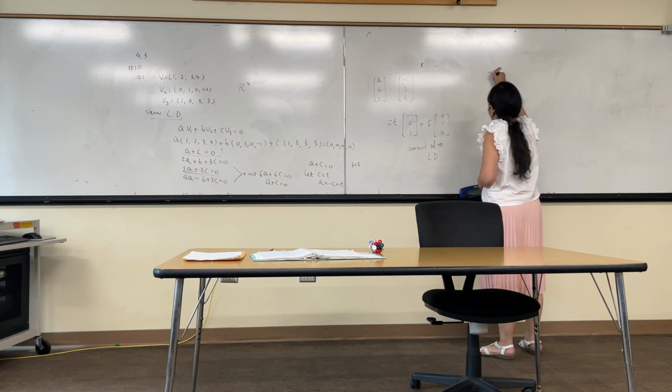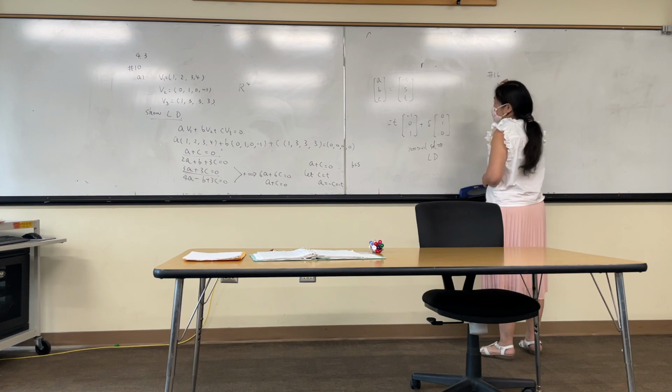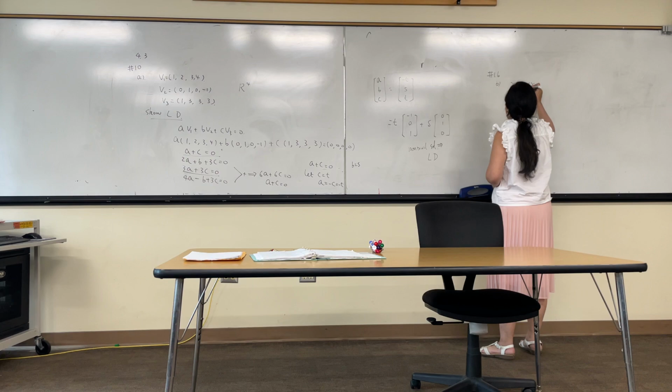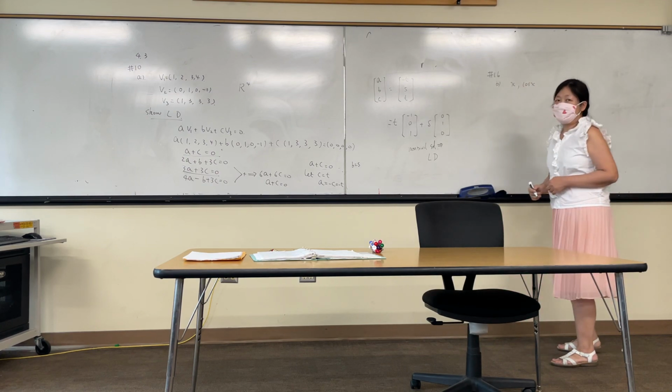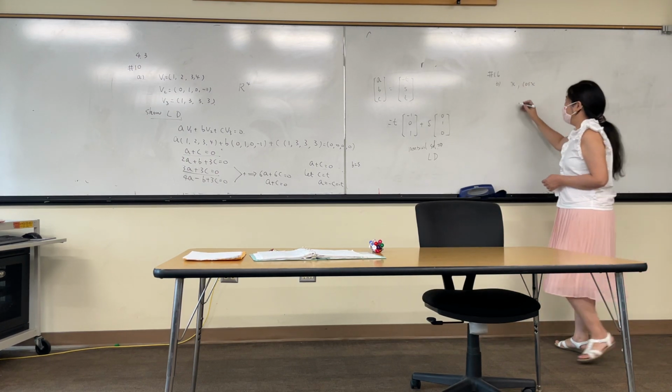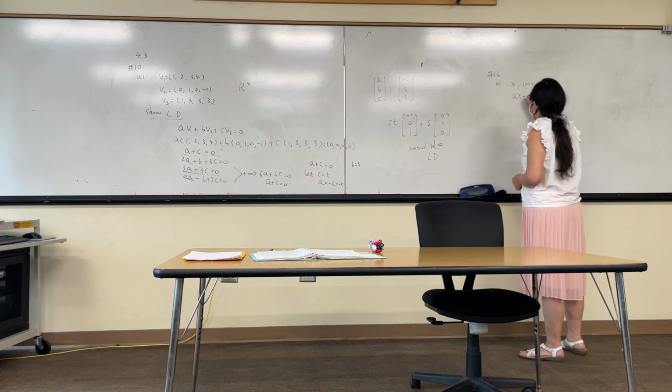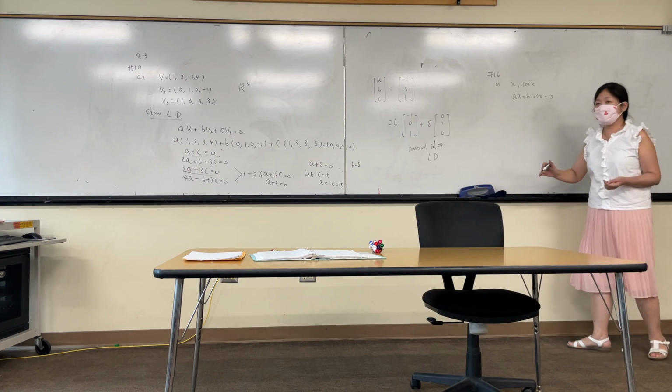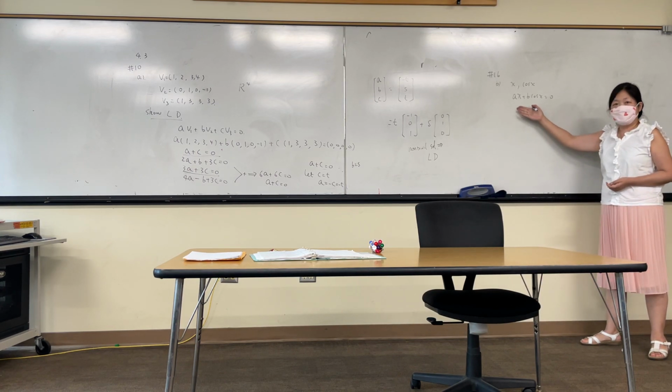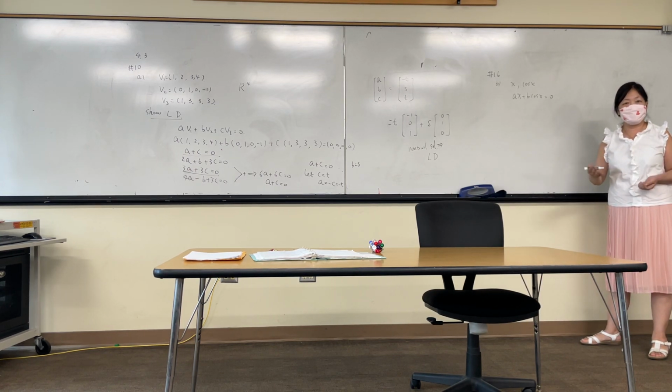Now, number 16, B: X and cosine X. If you put A X plus B cosine X equals 0, the only way to make it equal to 0 is A equals 0 and B equals 0. Is that right?